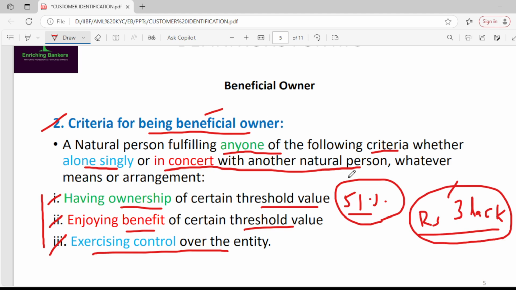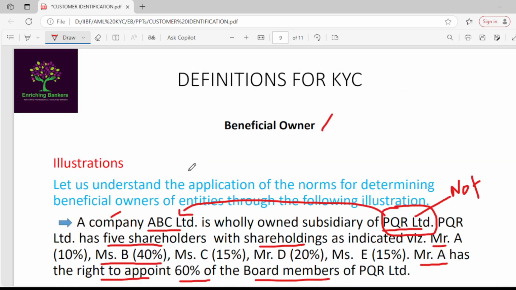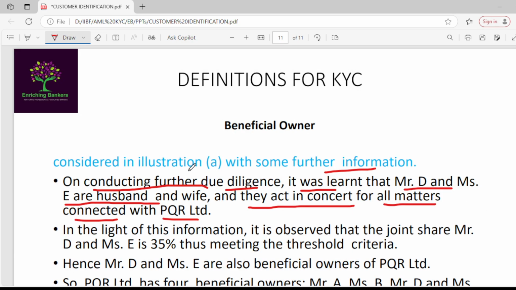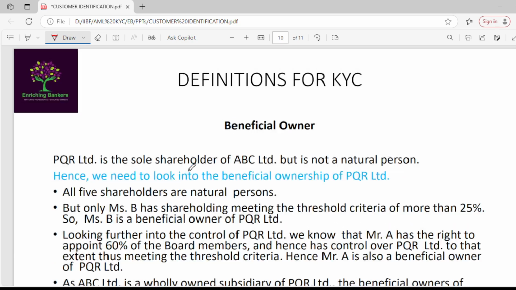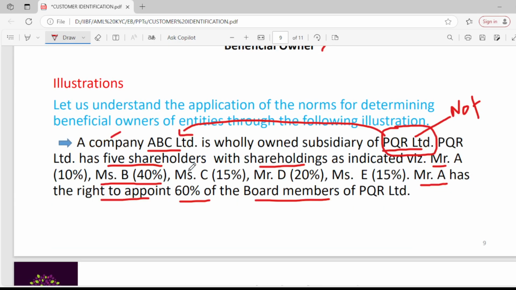Mr. D and Mrs. E both fulfilled this third criteria, in concert. So we have to see one more thing. What is the shareholding in concert?